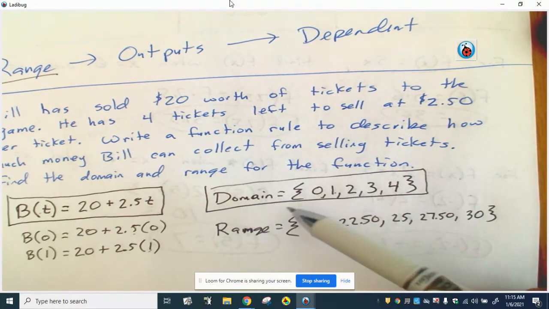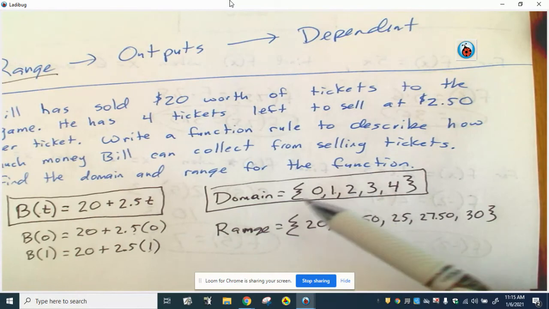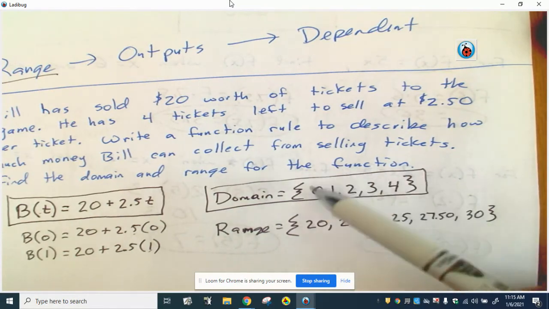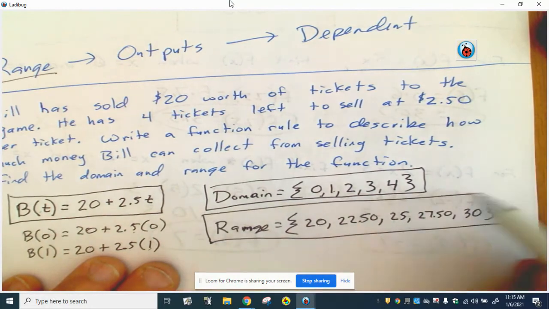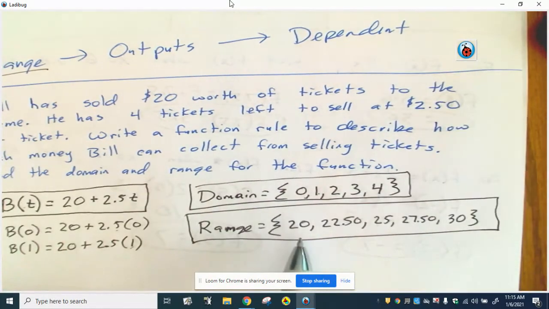And he couldn't go negative, and he only had 4 to sell, so these were the only situations that could come up. And then the range is the numbers that he could end up with. He could end up with $20. He could end up with $22.50, $25, $27.50, or $30. These are the only numbers that could pop out of that situation.